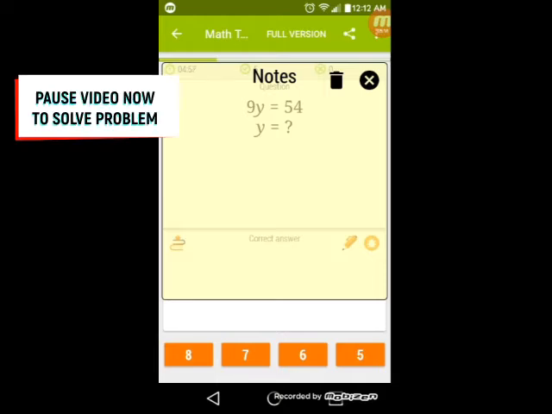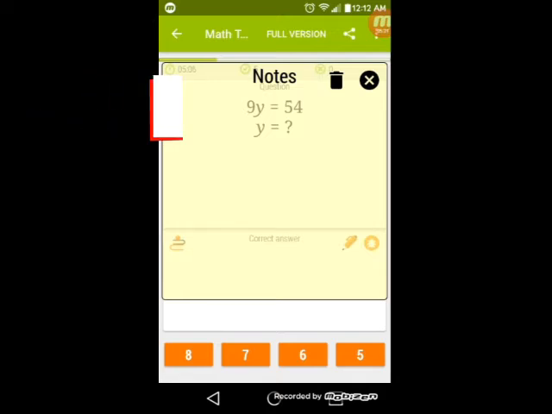Here it's 9 times y. To isolate the y, you take the 9 over to the other side. It would be divide by 9, because the times 9 is now changing to the opposite function when it moves to the other side of the equal sign. Y is equal to 54 divided by 9.